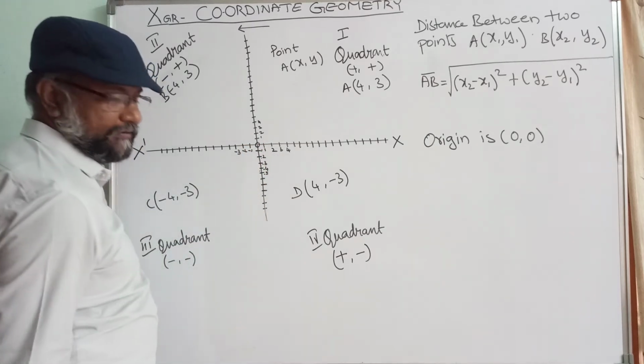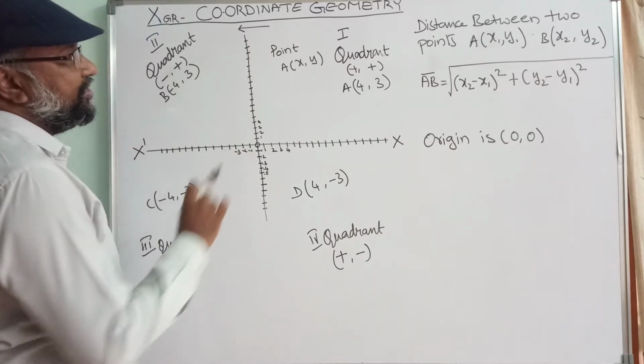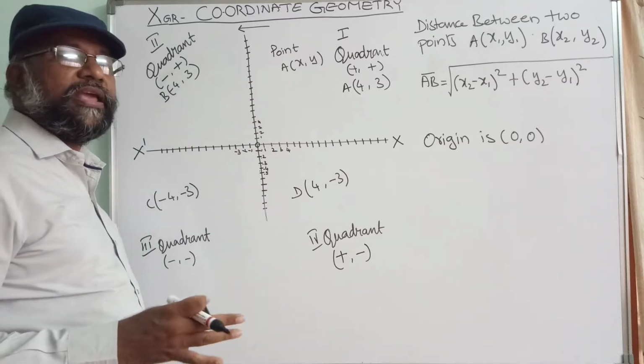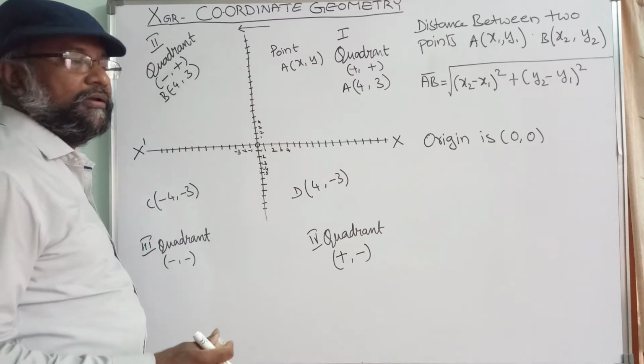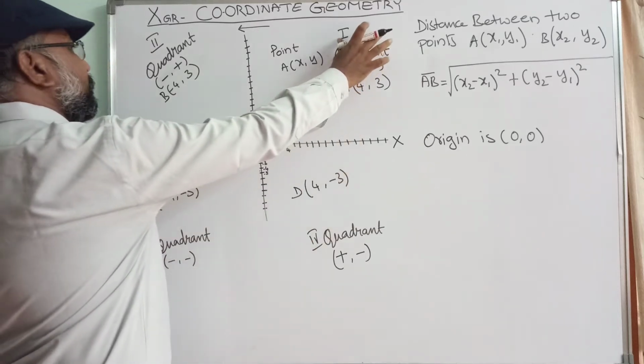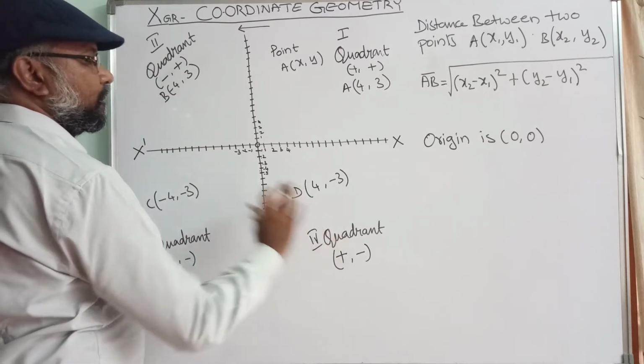So if we carefully observe, this Cartesian plane is divided into four quadrants, meaning quarter parts. We will call them the first quadrant, second quadrant, third quadrant, fourth quadrant.